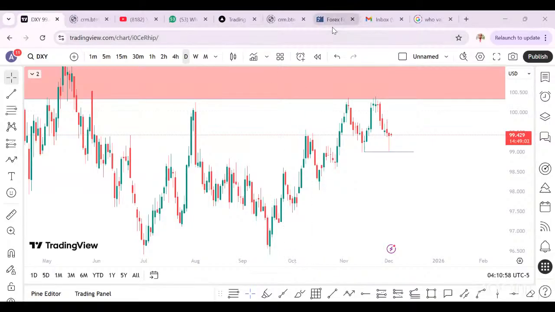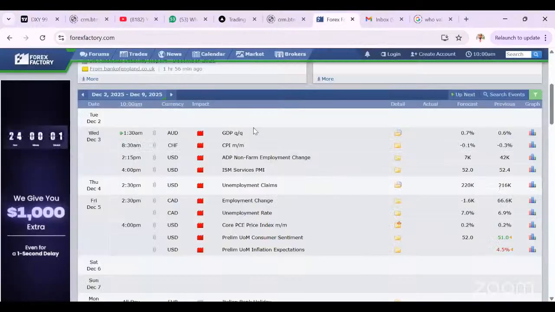So let's look at the economic calendar for today. It's a free day, and that's why the market has been very slow. Wednesday, we're having 2:15 from ADP and 4 p.m. Thursday. So these are the economic calendar for the week.